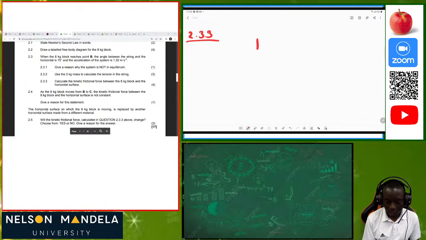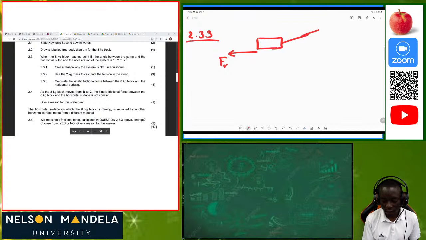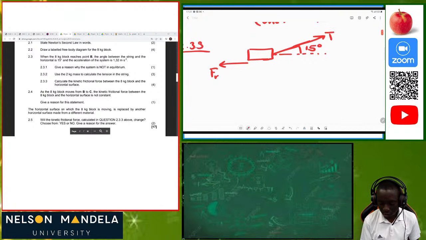We know that our block is lying on the rough surface. Friction, which we called FR, is in that direction. The tension is pulling at 15 degrees to the horizontal, in that direction.